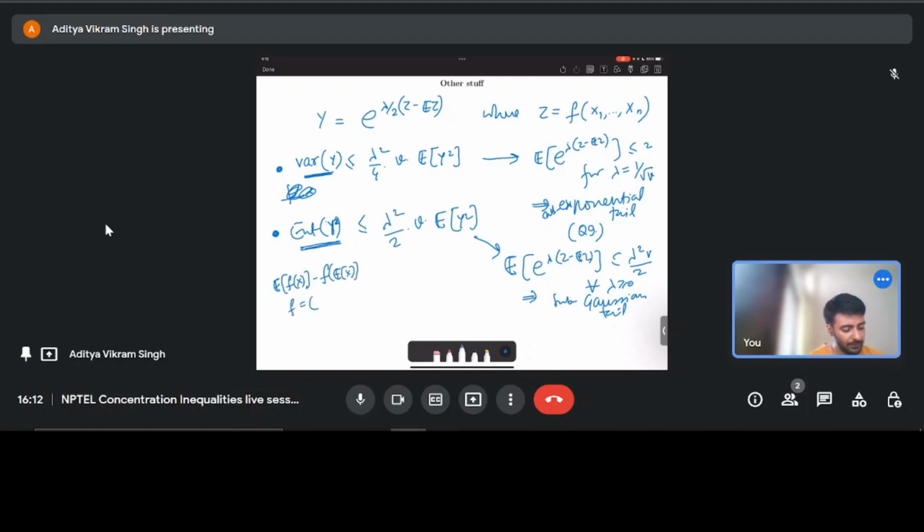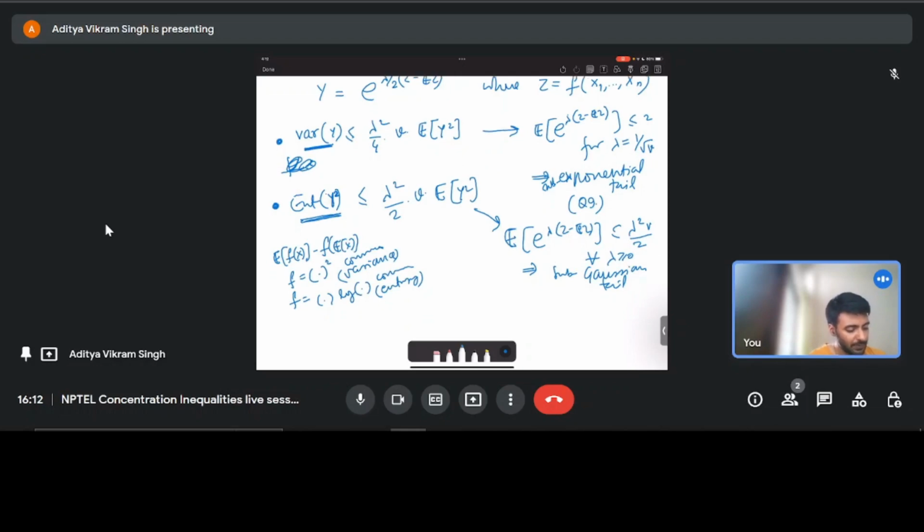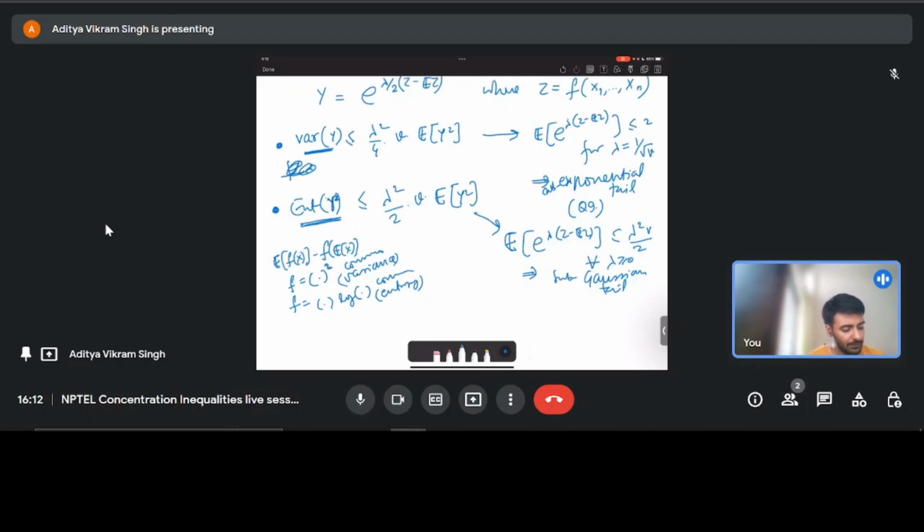For f equal to the square function, which is convex, we get variance, and for f equal to x log x, which is again a convex function, we get entropy. We have a square here because we are taking the entropy of y square, so again there will be a square if you take the entropy of y and then square it.